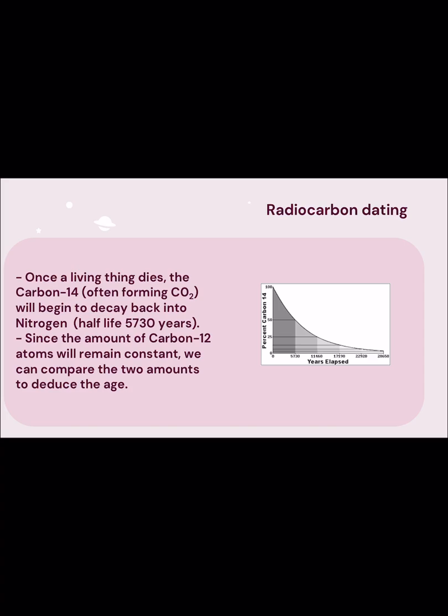About half the carbon-14 will be gone after about 5,730 years. In all of this, the amount of carbon-12 is going to be pretty stable. It stays constant, but the carbon-14 level will decrease.